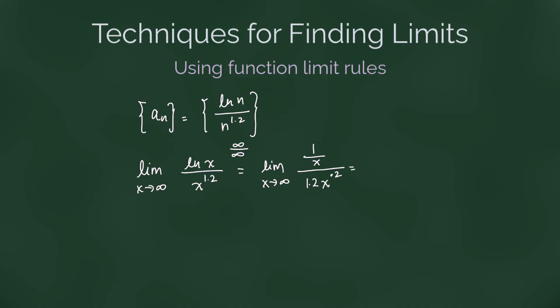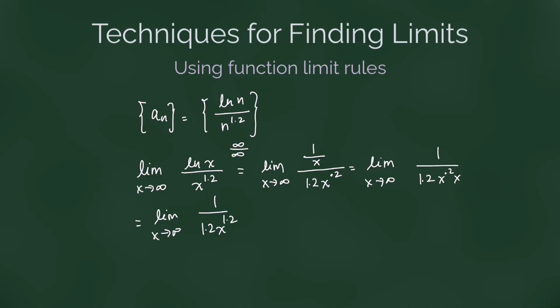Now we can do a little bit of algebraic simplification on that. This becomes the limit as x goes to infinity of 1 over (1.2 x to the 0.2 times x), which is, of course, using the rules of exponents, the limit as x goes to infinity of 1 over 1.2 x to the 1.2.